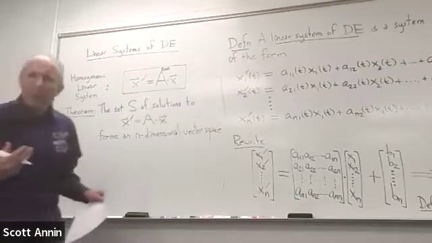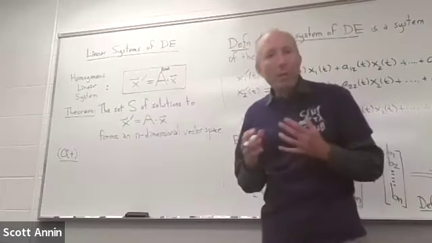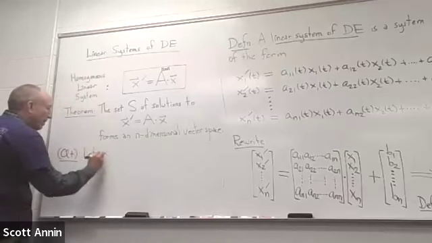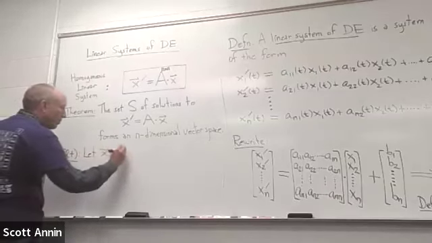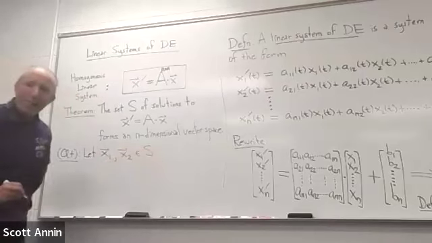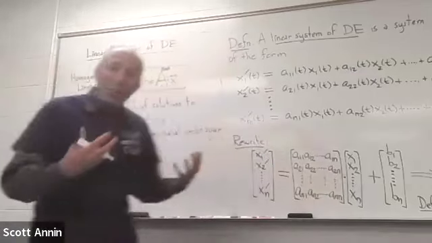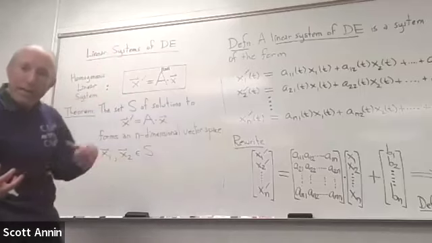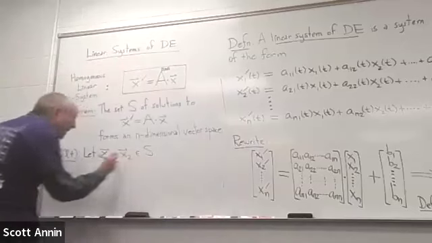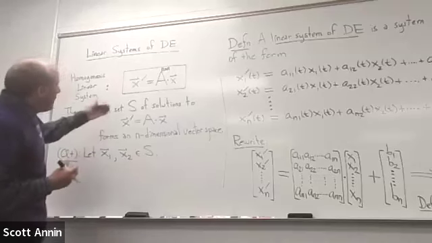Let's remind ourselves, and this is good practice with subspaces anyway, how we could write something like this up. I would need to take two solutions. Let's say they're both vector functions, x1 and x2. Those are both elements of S. The goal would be to add them together and make sure that when we add these two solutions together, the result is still in S. Well, what does it mean to have these vectors being in S?